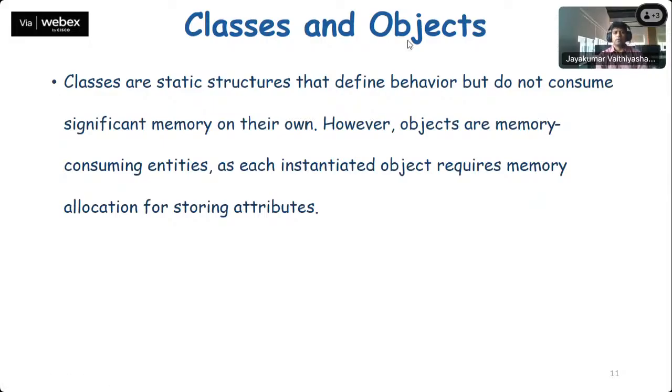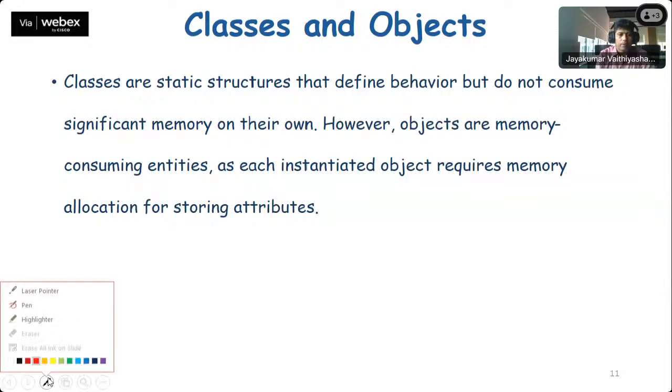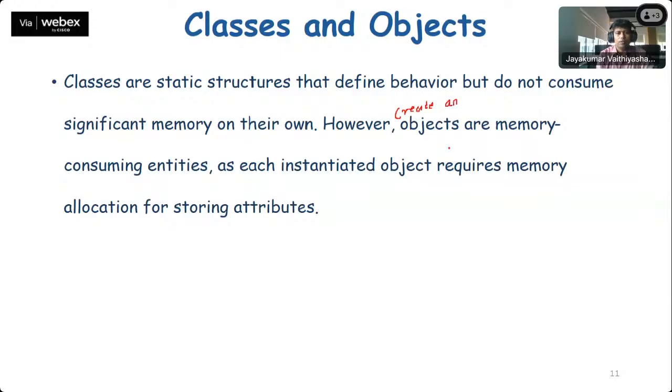Next, we are about to discuss that classes are static structures that define behavior but do not consume significant memory on their own. But whenever you create an object, objects are memory-consuming entities.